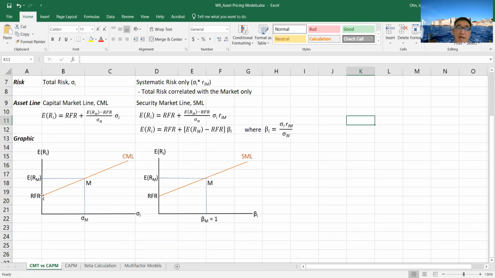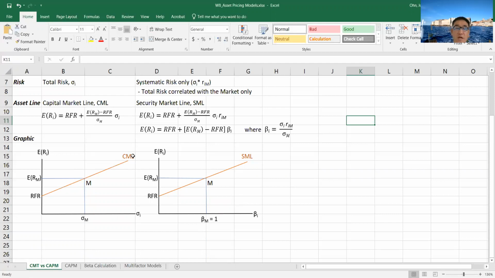The x-axis is the risk measure, the total risk, the standard deviation, and the y-axis is expected return. That is capital market theory. The intercept is the risk-free rate of return, and the market portfolio is M, meaning sigma M and expected return M. If you connect these two, this straight line is called the capital market line, right?